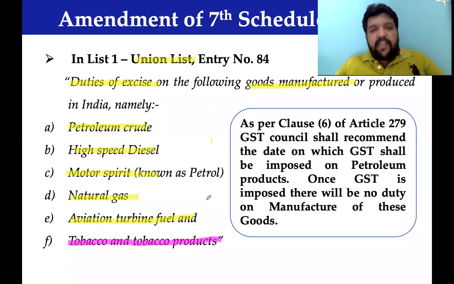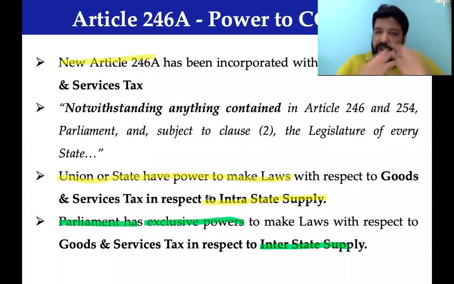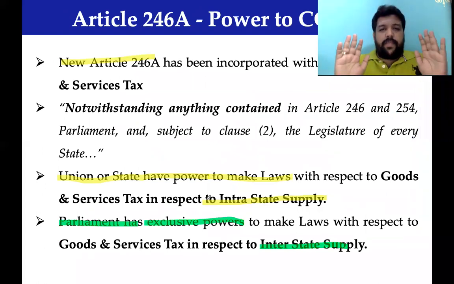Within India, if you manufacture the 6 goods, you are liable to pay excise duty: 5 petroleum products, and the last is tobacco and tobacco products. Apart from all these, for every good that is manufactured or traded in India, you are liable to pay GST. That's the game. That's all.